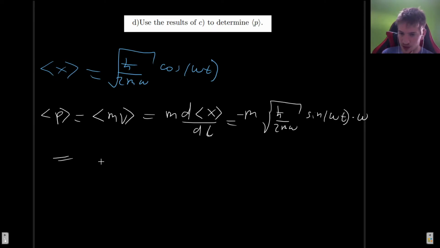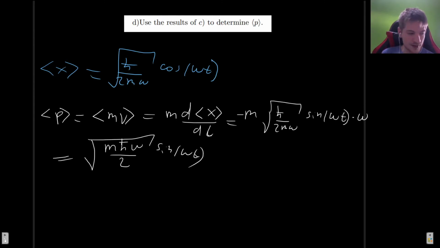Now we can do a few cancellations here in the square root. We are going to be left with the square root of m h bar omega divided by 2 times the sine of omega t. That is going to be our result for this part, and that is going to be this problem.